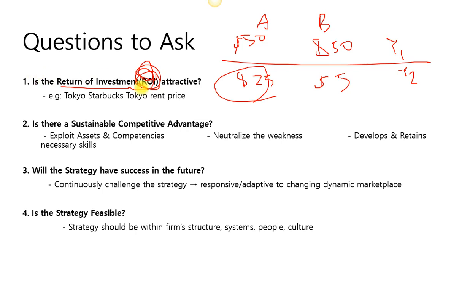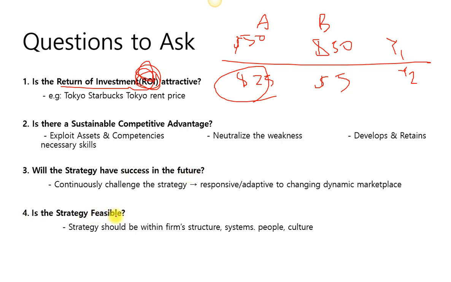Is the return on investment attractive? Is there a sustainable competitive advantage that you could exploit, using assets and competencies, but neutralize weaknesses and retain the necessary skills? Will the strategy have success in future? Is the strategy feasible?